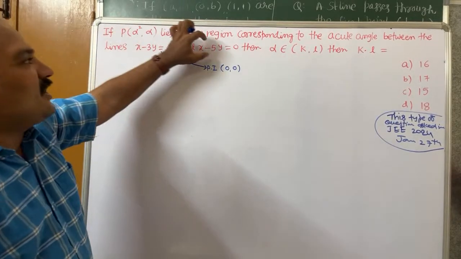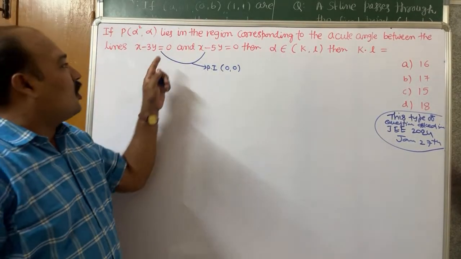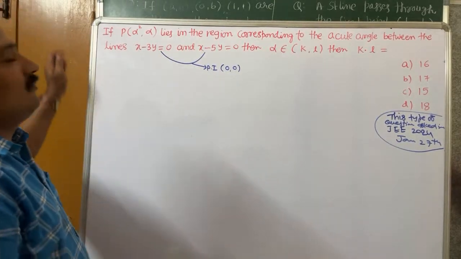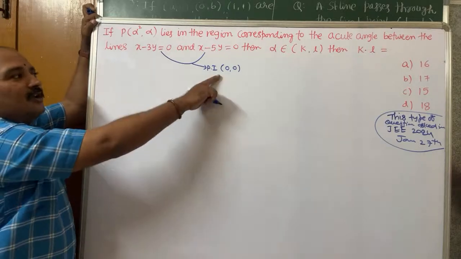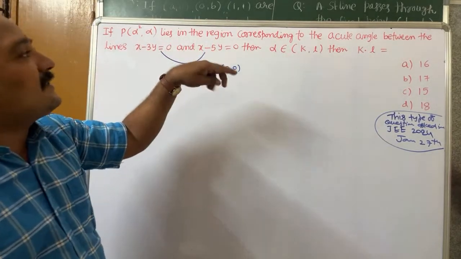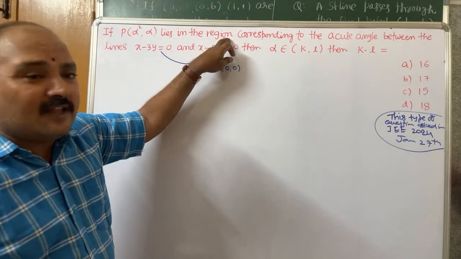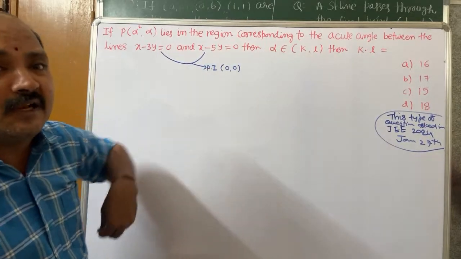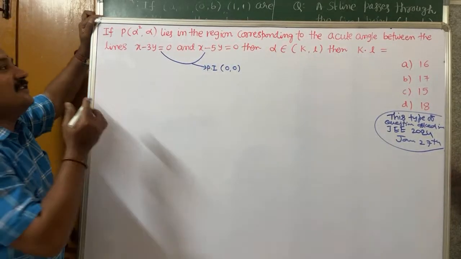Because these two equations do not contain a constant term. These two are passing through the origin and one point is given. This point lies in the region, in the region means lies inside, the region corresponding to the acute angle. Acute angle means inside the region.